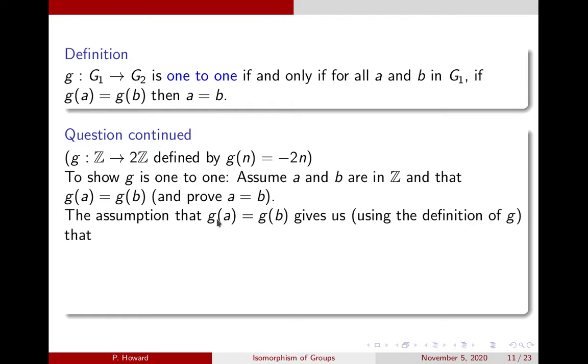Okay, so the assumption that g of a equals g of b gives us, if we use the definition of g, the equation minus 2a equals minus 2b. We are trying to argue that a equals b, which we do simply by dividing both sides of this equation by negative 2. We are done with the proof that little g is 1 to 1.